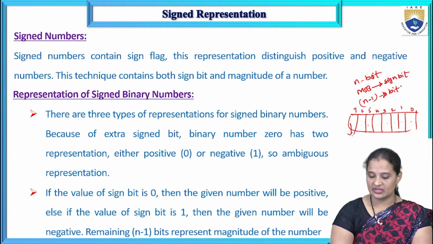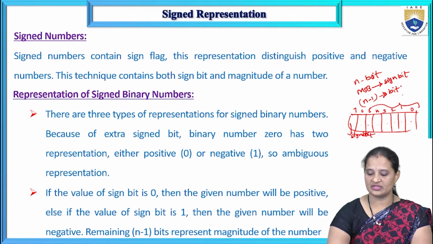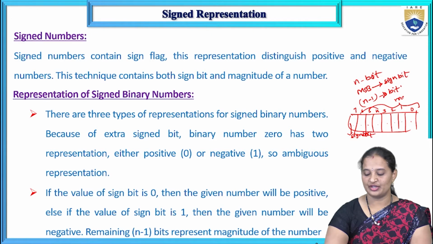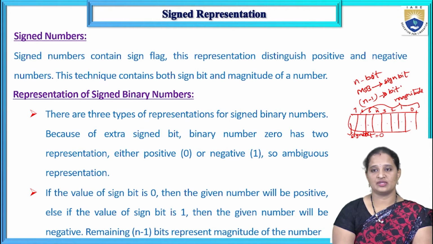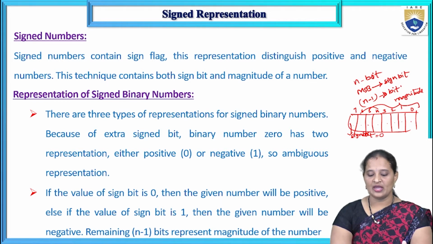This MSB is considered to be the sign bit, whereas all the other bits constitute the magnitude of the number. If the sign bit is 0, the number is positive. If the sign bit is 1, the number is negative.